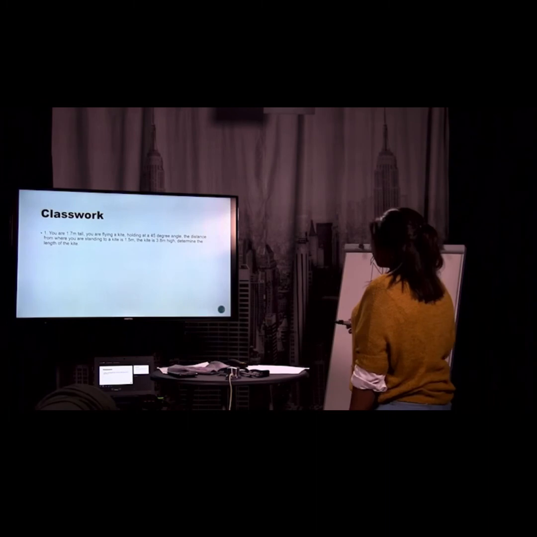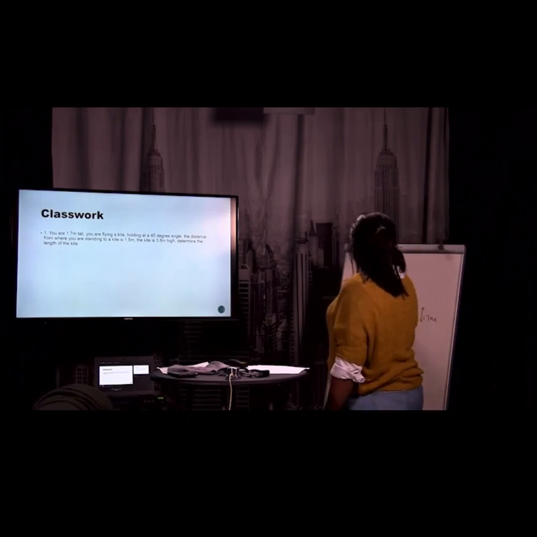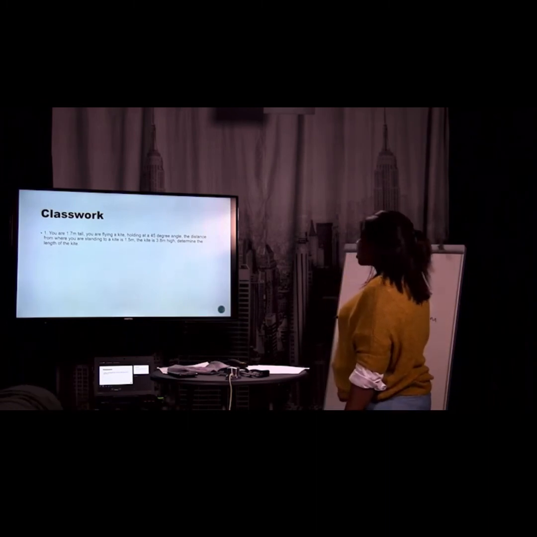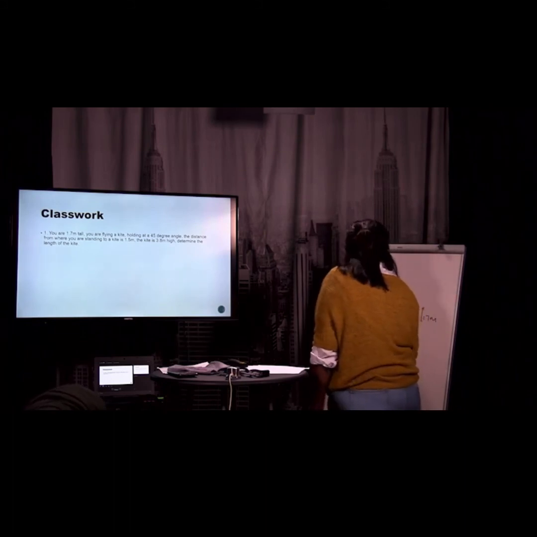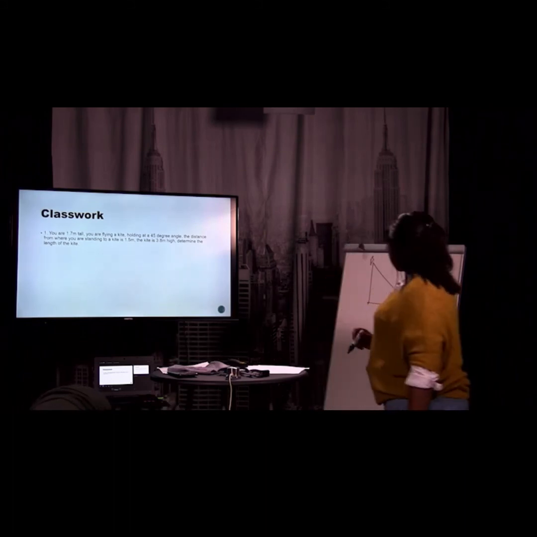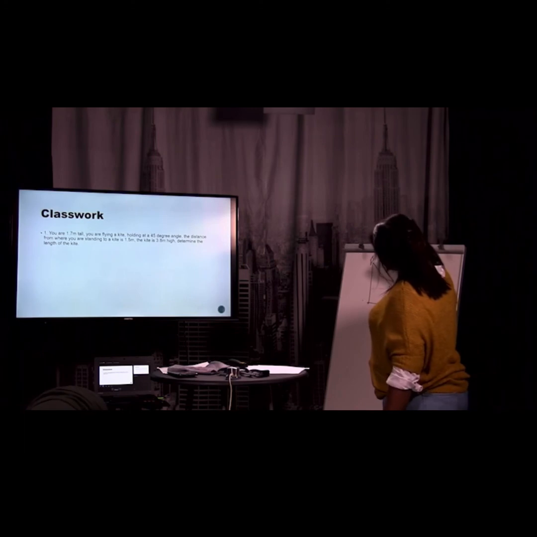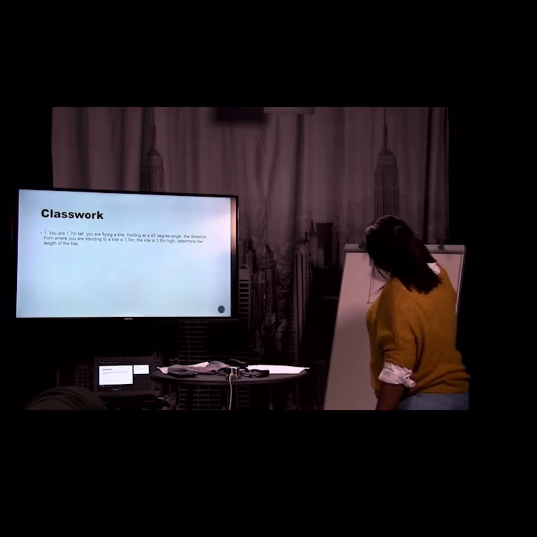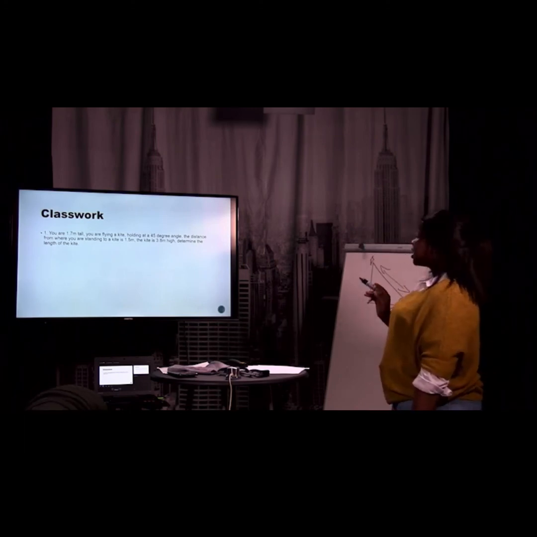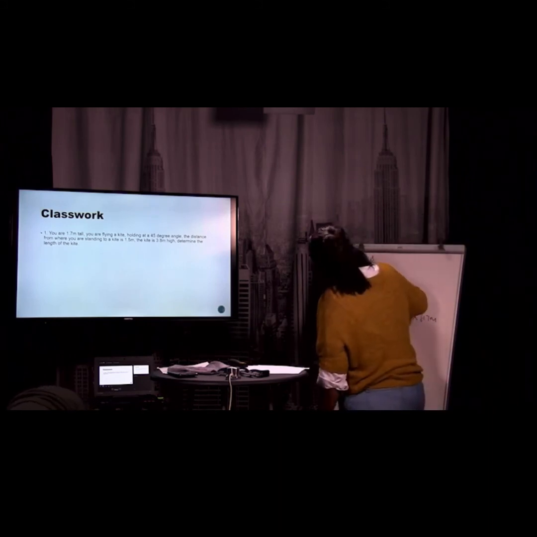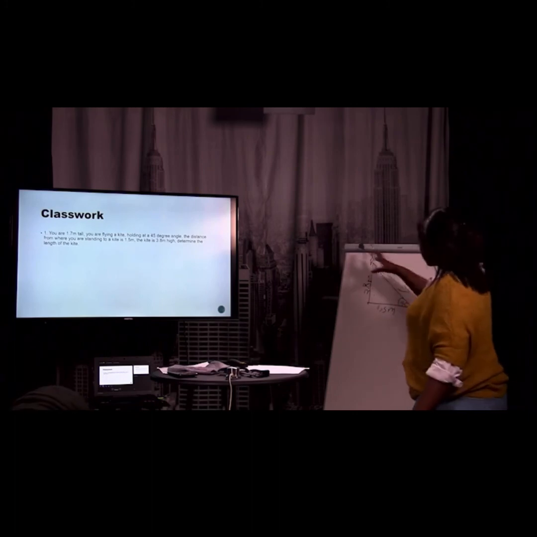So now you want to know from where you are standing to where the kite is, it's a distance of 1.5 meters. Now we want to know the length of the kite, because it says the kite is 3.8 meters high.